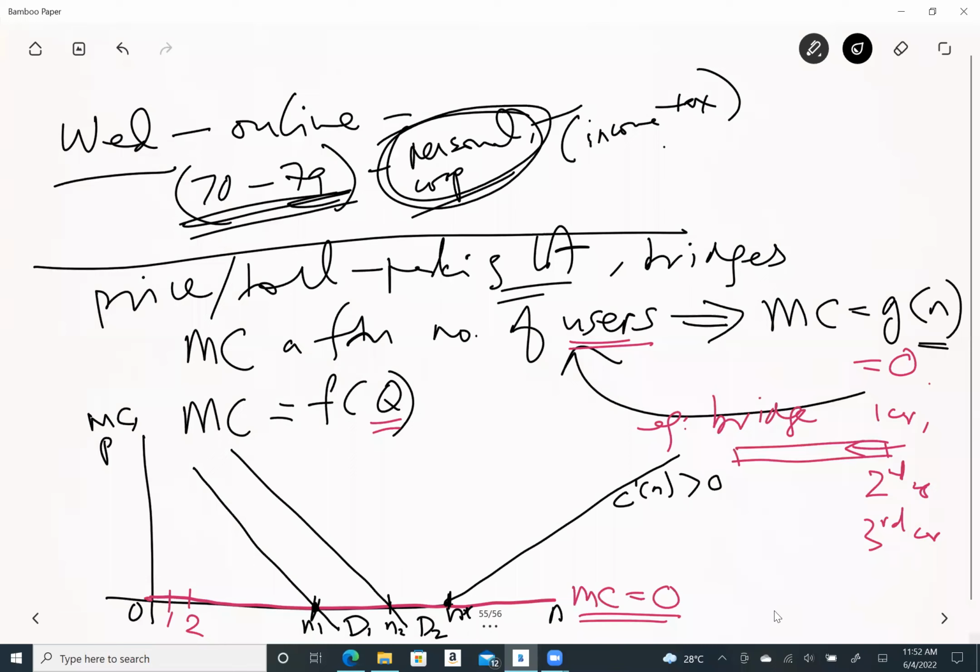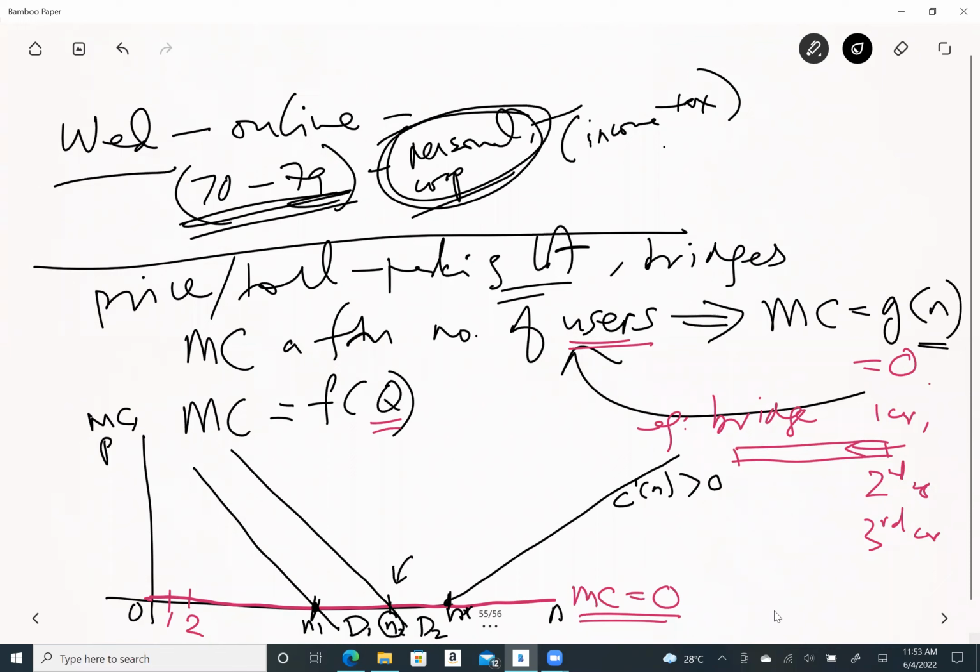Why? Because if demand is D1, the equilibrium point is N1. We can still add more users without increasing the marginal cost. So I can still have N2, a higher number of users.